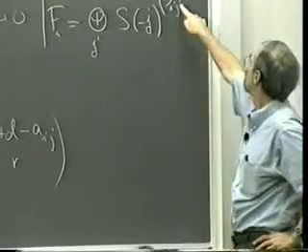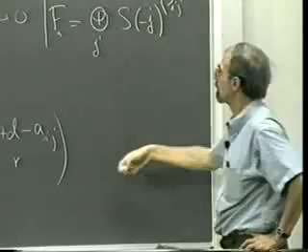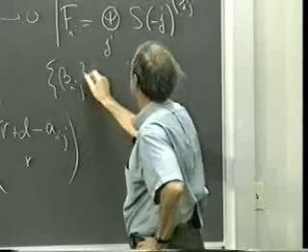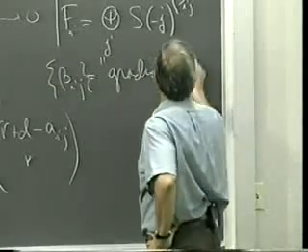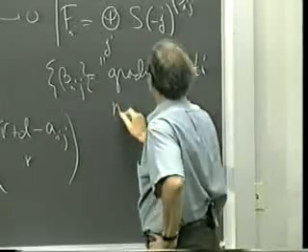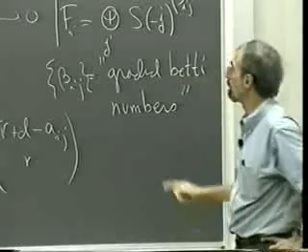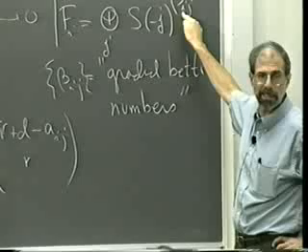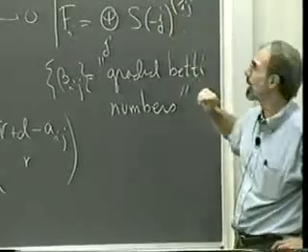So anyway, I have the beta ij's here, and I'll call these beta ij's the graded Betti numbers. This is by analogy with the topological situation. We have a chain complex, and these really are Betti numbers. But we'll see that that's more than analogy if I get there today.